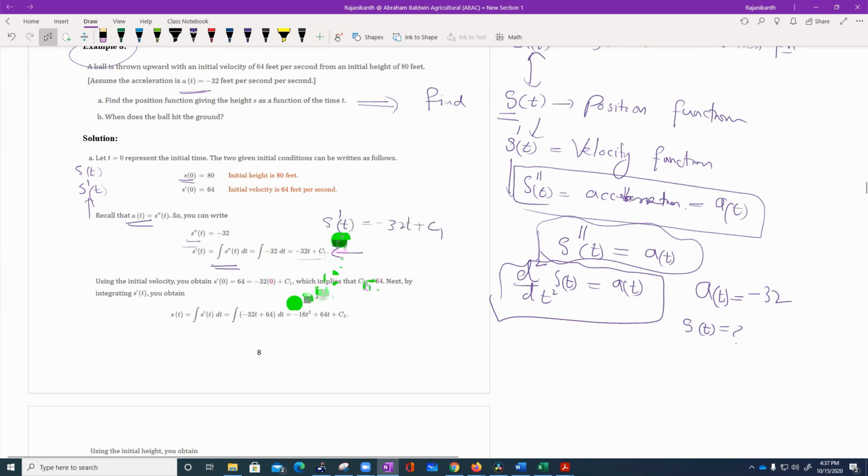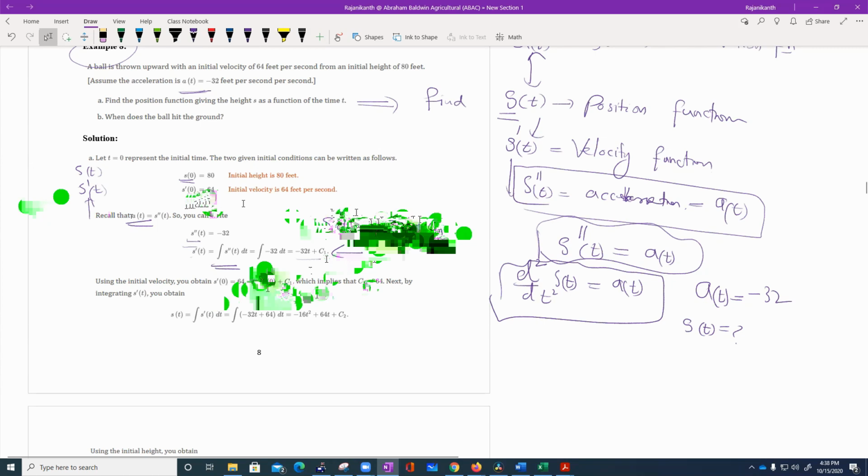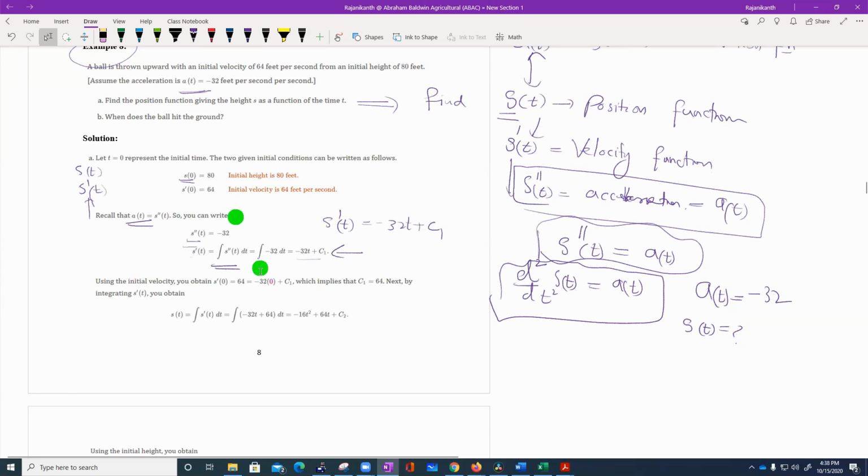But the good thing is we know s prime(0). s prime(0) is 64. What does that mean? That means if you plug in t = 0 in this relationship, you find s prime(0), right? Simply plugging t = 0 here, you will get simply the constant c1, right? But that answer is known, 64, because you know s prime(0) is 64.